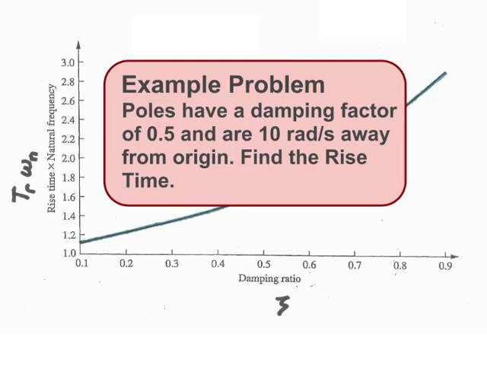To show this, let's take a quick look at an example problem. So for our example problem, we'll have a pair of complex conjugate poles that are in the left half plane and that have a damping factor of 0.5 and are 10 radians per second away from the origin. And we want to find the rise time for these poles.